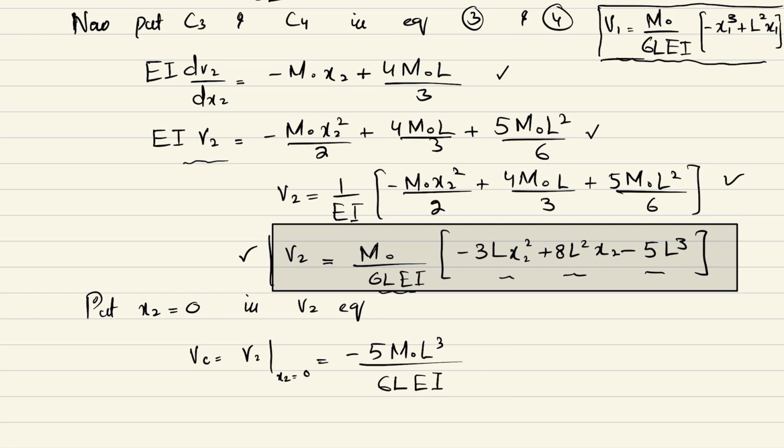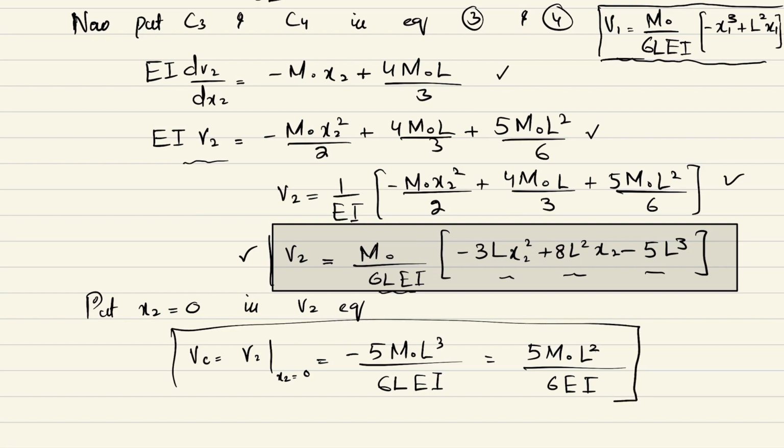Clear? And this minus sign, if you want to remove it, it will be 5 m naught L cube over 6L. Further simplify, this L will be cancelled with this, and here we will have L squared EI.